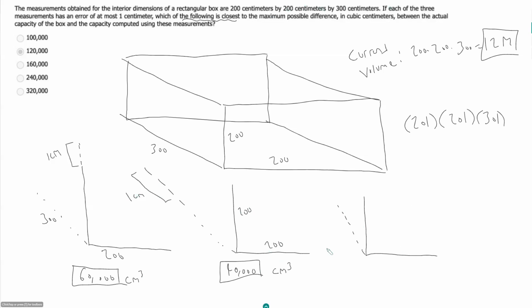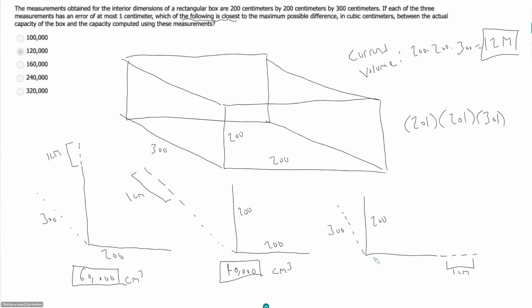And then what's going to happen with the additional centimeter that I add on to here? How much extra volume does this add? This is going to be the same as the first one because they were equal to each other before. So it's just going to be 1 times 200 times 300.